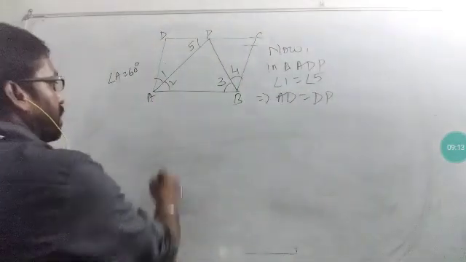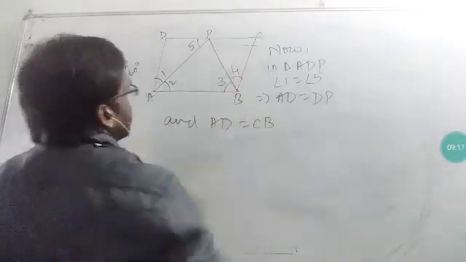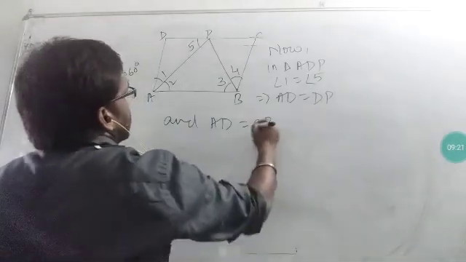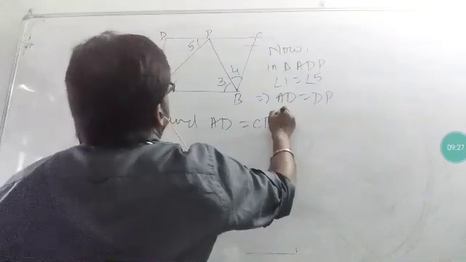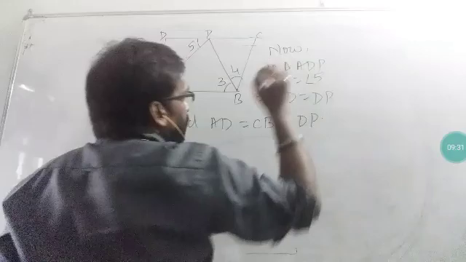I have told that ADP is an isosceles triangle. And AD is equal to BC, opposite sides of a parallelogram, but AD is equal to DP. That means CB is also equal to DP.